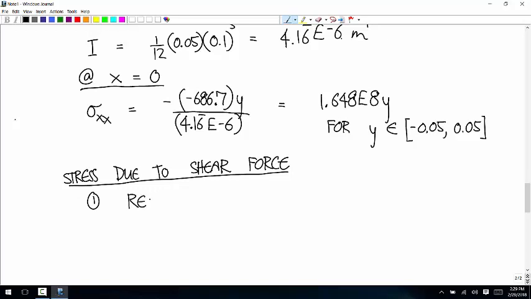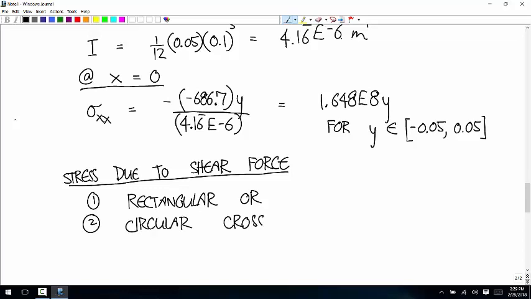So rectangular cross sections, or circular cross sections. And if it's circular, then we have even more problems. With a circular cross section, we can only calculate the stress along the neutral axis. This is rectangular though, so we're good with this. So all of our calculations should make sense in this case.